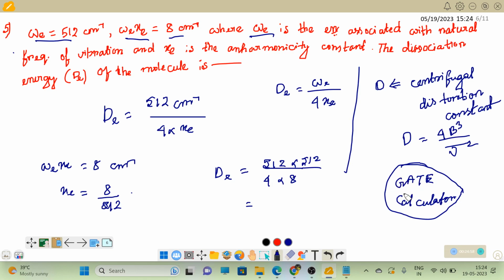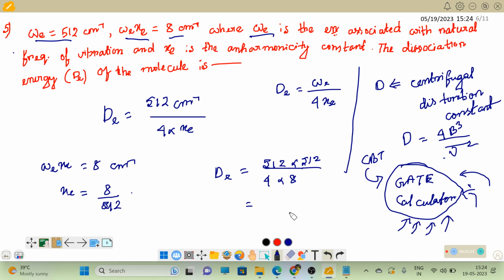I will tell you simple things. If you are going to any shop and you need a calculator, please use this calculator. In every situation use this calculator, no other calculator, because in every CBT exam, if a calculator is applicable, they will provide you the GATE calculator, so you have to practice this calculator.